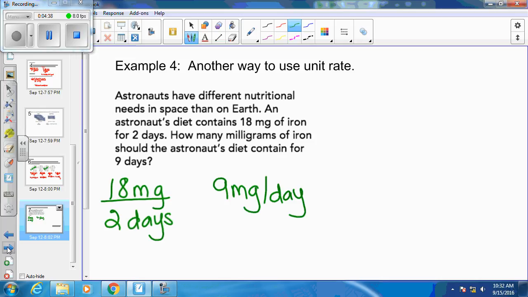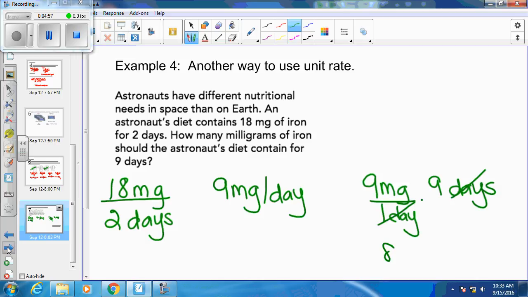And I want to find out how much he should have for 9 days, so I'm going to multiply. So 9 milligrams for 1 day, and I want to know how many he needs for 9 days. My days simplified here, and I'm left with 81 milligrams.